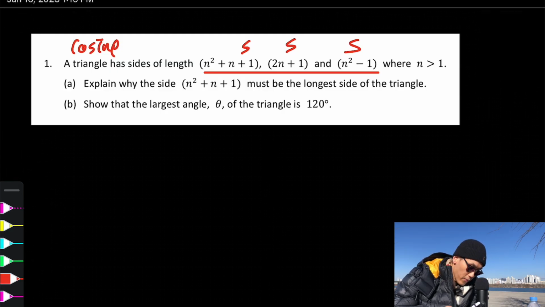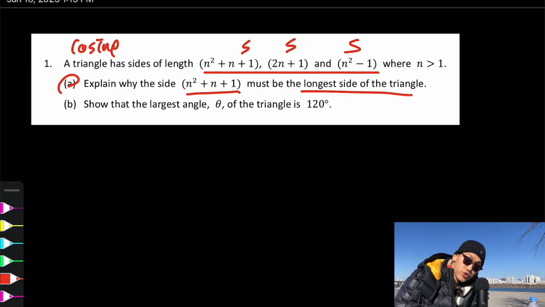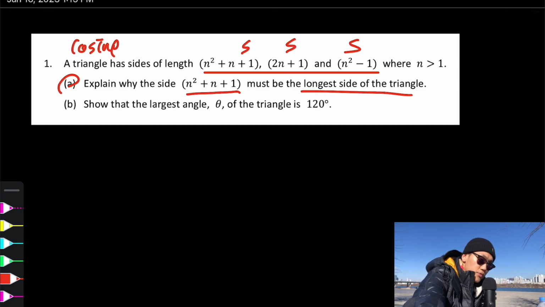That's lovely, but I think for part A, what you had to show is that this will be the longest side. So for that, what you would do is use the triangle inequality, right? We do know that the sum of the two smaller sides must exceed the remaining largest side.